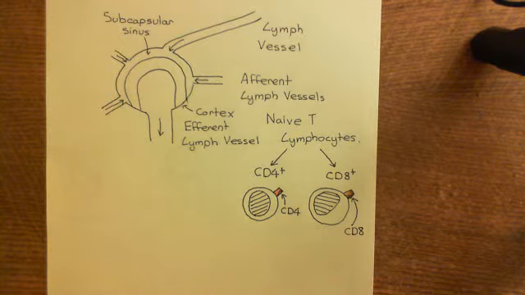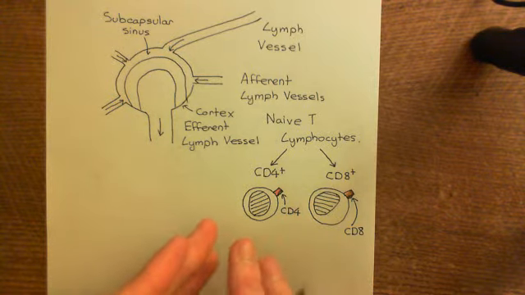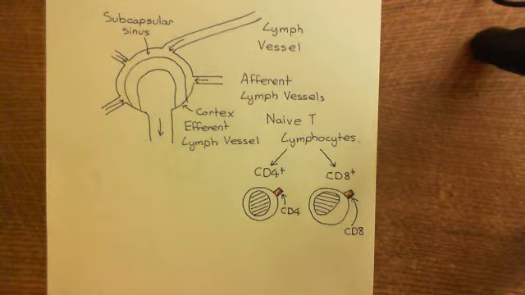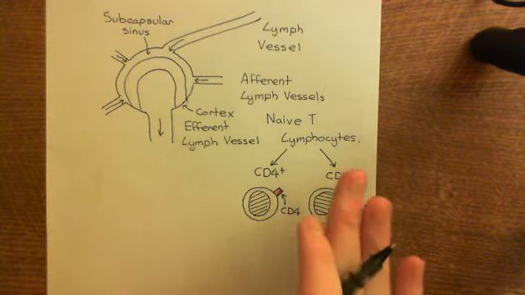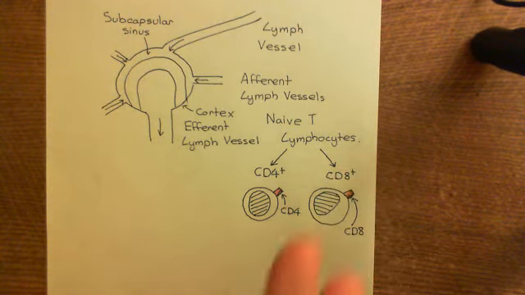The ones that are going to be important for the humoral immune response are these CD4 positive naive T lymphocytes. Now if we ignore the half of the T lymphocytes which are CD8 positive and just look at our population of CD4 positive T lymphocytes, you will have a plethora of different T lymphocytes.